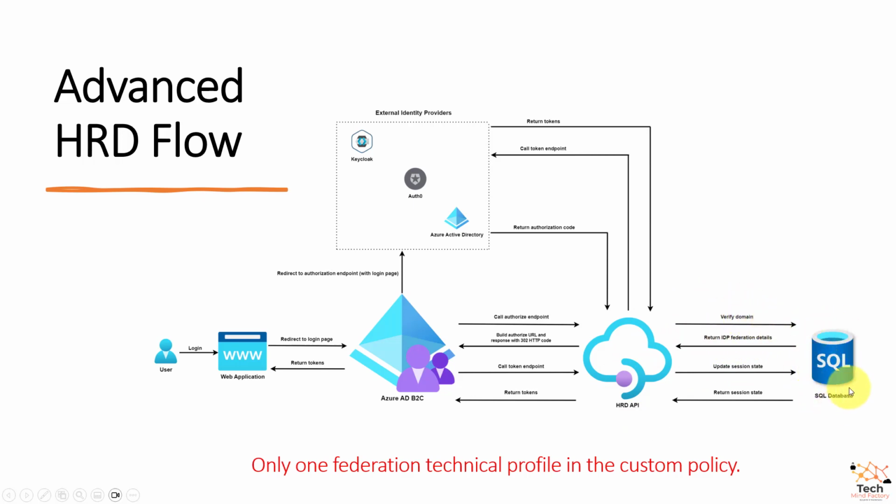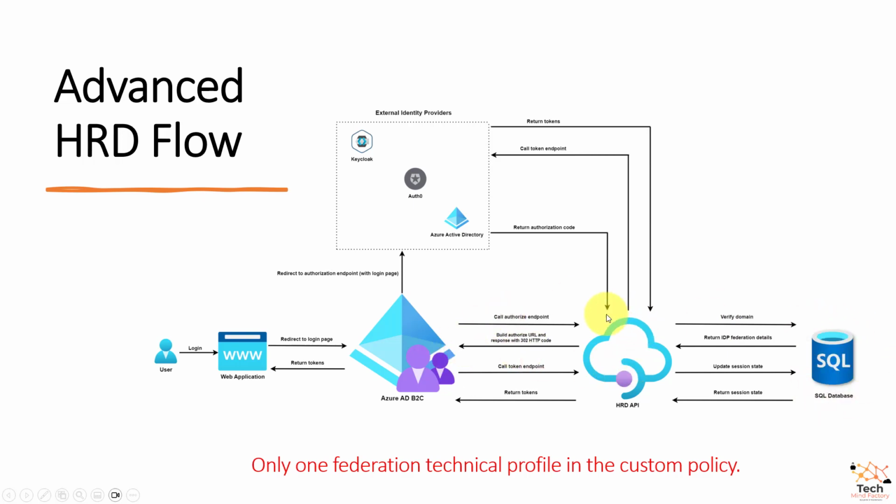We have a SQL database where we store information about federations. Once we verify the domain, the information about the IDP federation is returned from the database to this HRD API. Then the HRD API will return a 302 HTTP response, a redirection response, to redirect B2C to the authorization endpoint of the identity provider we store in the SQL database.